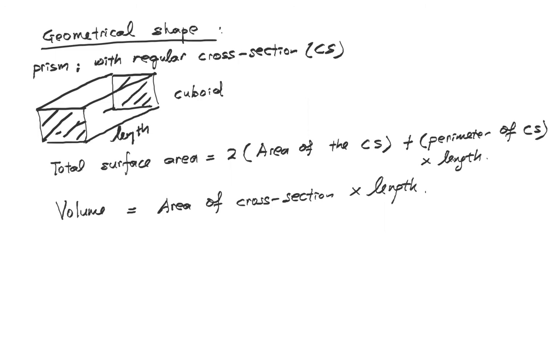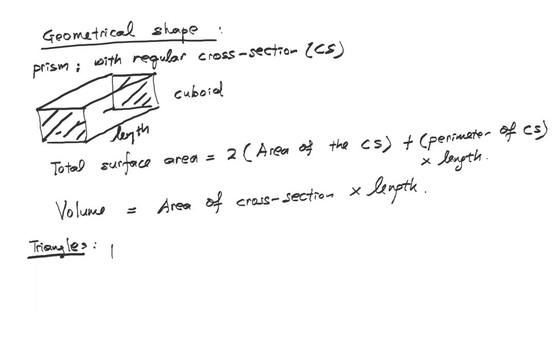Okay, the cross section of a prism can be of any shape. Okay, the most common shapes will be rectangle, square, triangle. And when you talk about triangle, we have a few types of triangle, correct?